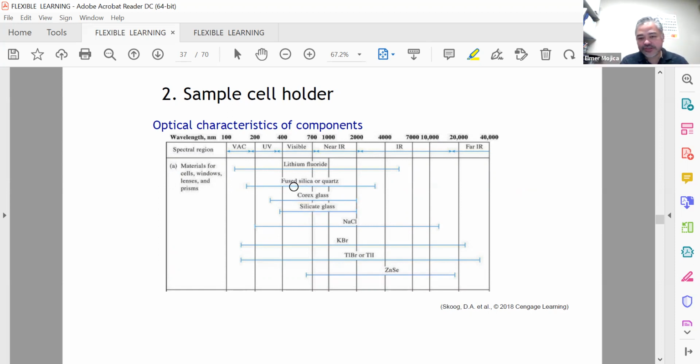And then the quartz or the fused silica, okay? And then the glass, the silicate glass, NaCl, KBr, and then you have the thallium bromide and thallium iodide and the zinc selenide. But the one that is common, I would say, is just the quartz. Quartz is more expensive than glass.